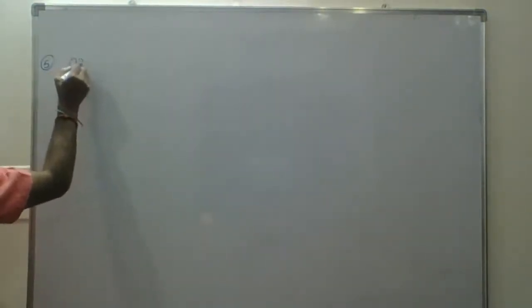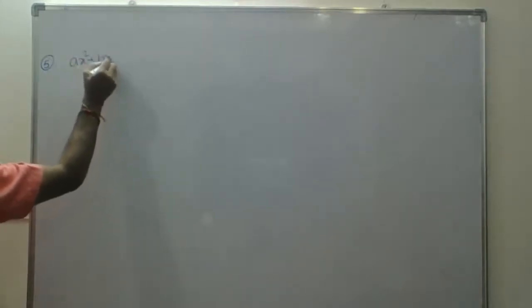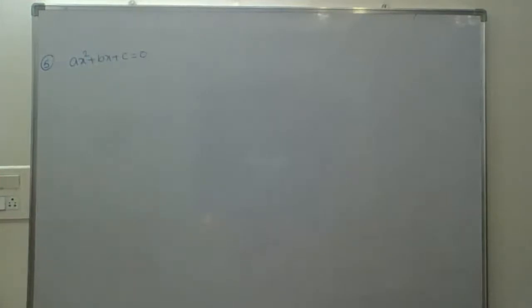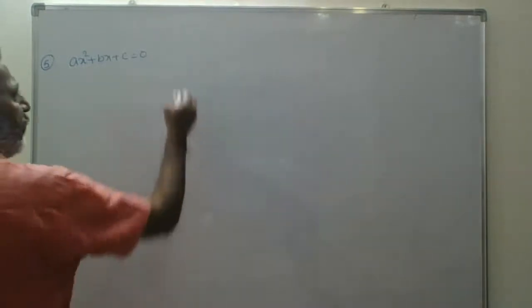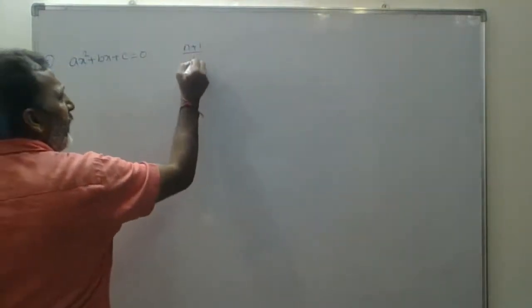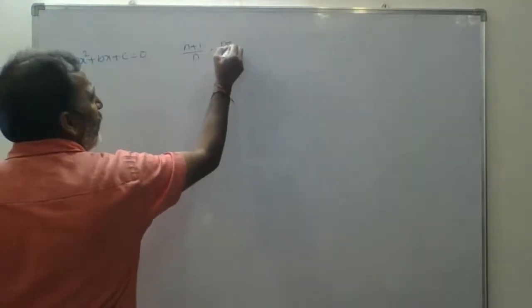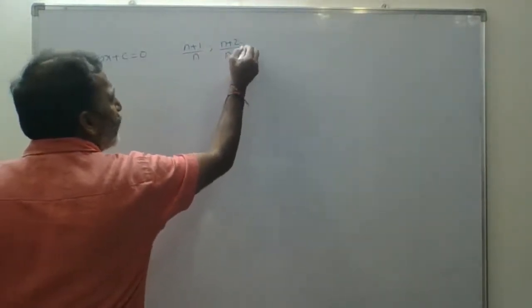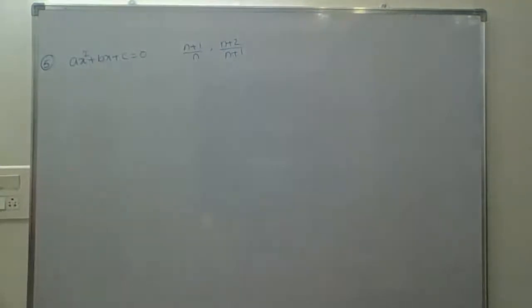The roots of the equation ax square plus bx plus c is equal to 0 are n plus 1 by n and n plus 2 by n plus 1.